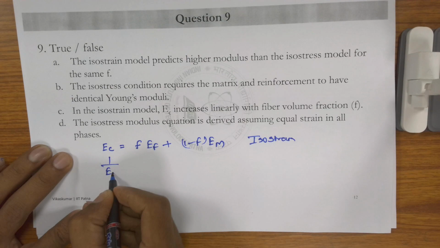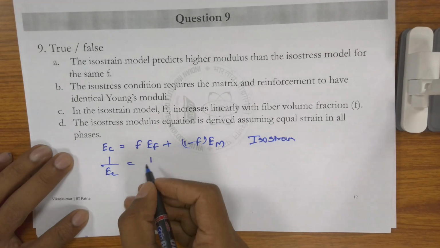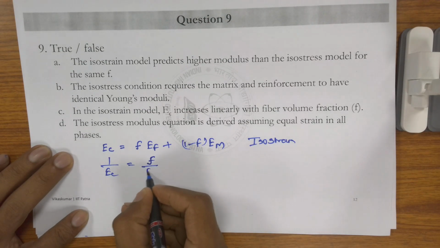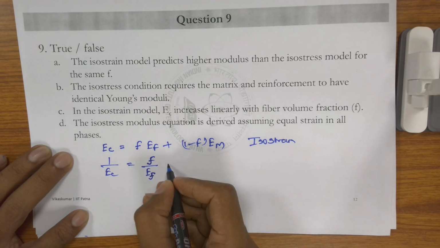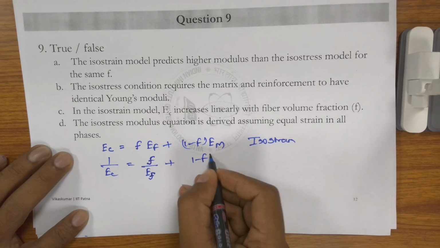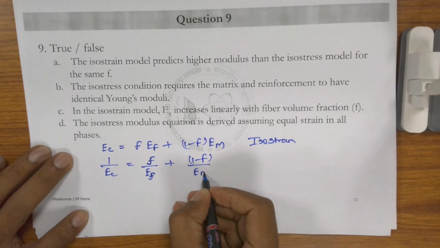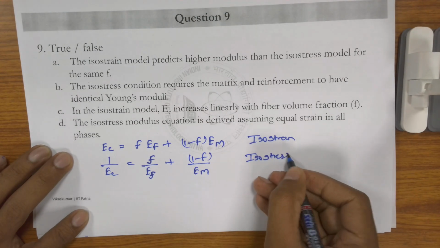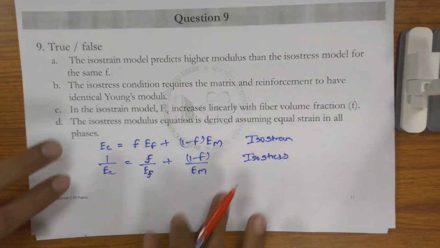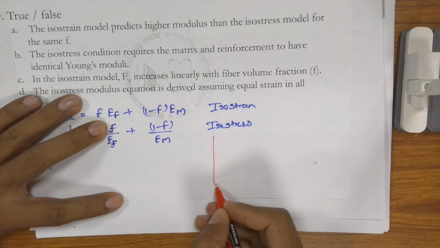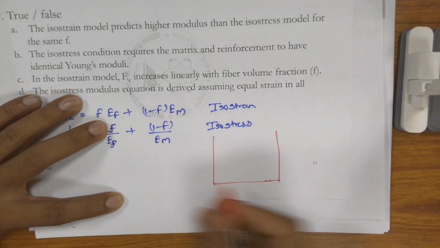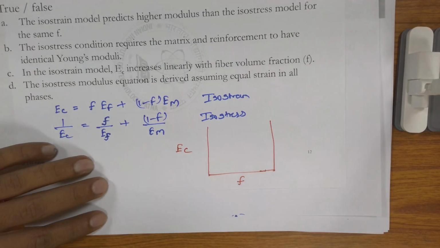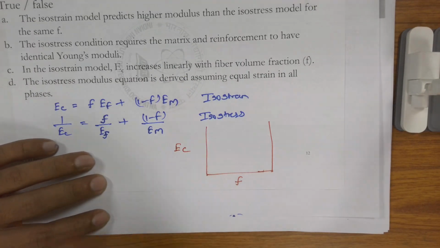For the isostress, we know that it is given by F divided by modulus of the fiber, plus 1 minus F divided by modulus of the matrix, all inverted. This is isostress. If one draws this, here on the y-axis is modulus of the composite, on the x-axis the fraction of the fiber.